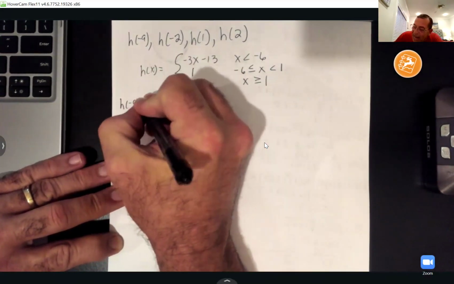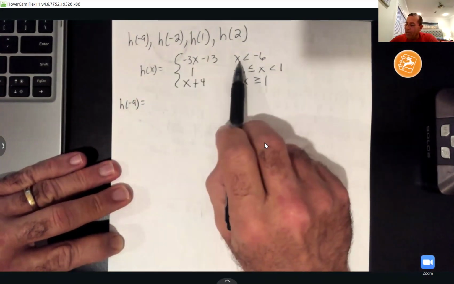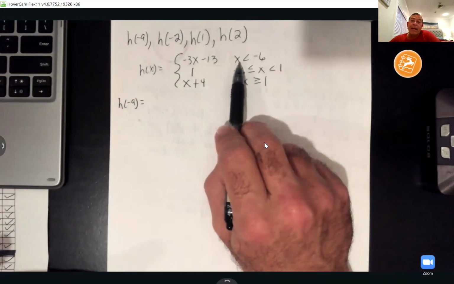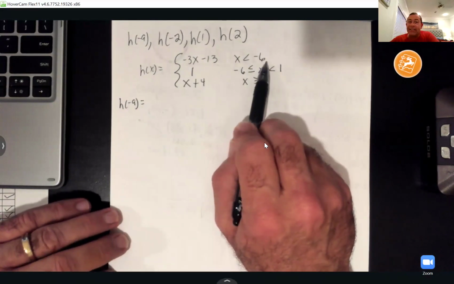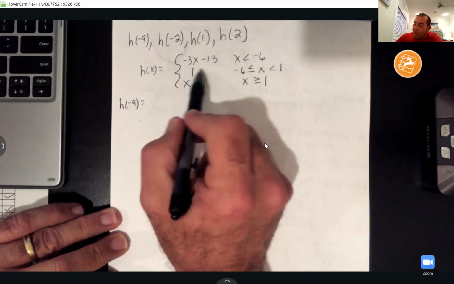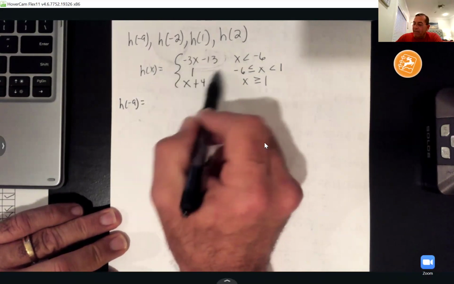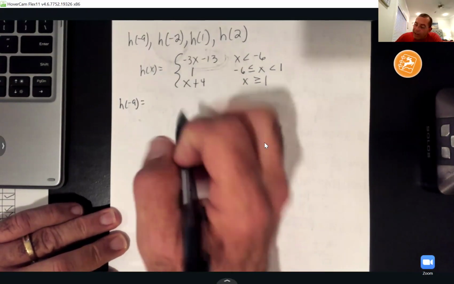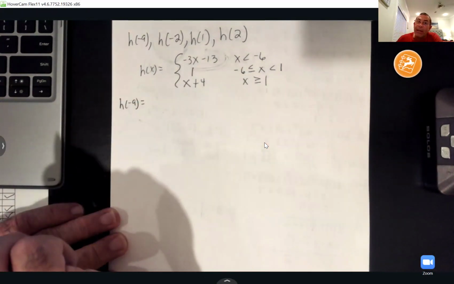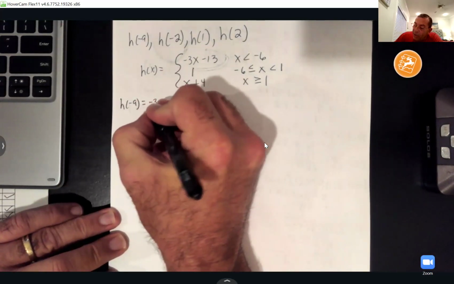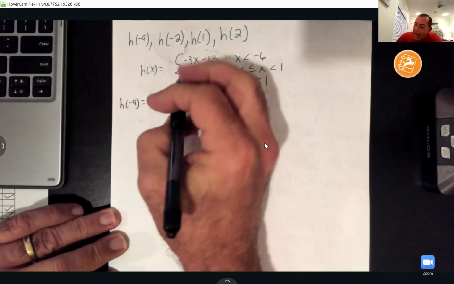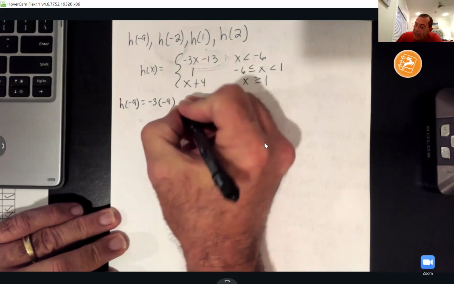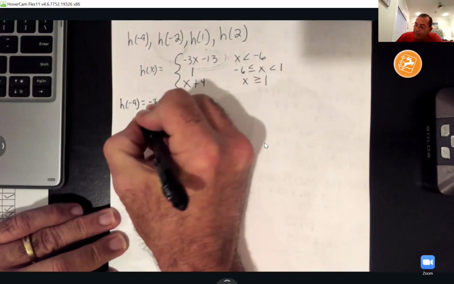So H of negative 9. Well, definitely true for this one, right? Negative 9 is less than negative 6. So I would use the first equation. Now, they don't want me to write the equation. They want me to actually evaluate that. So take the negative 3, put your negative 9 in for the x, and then subtract 13.